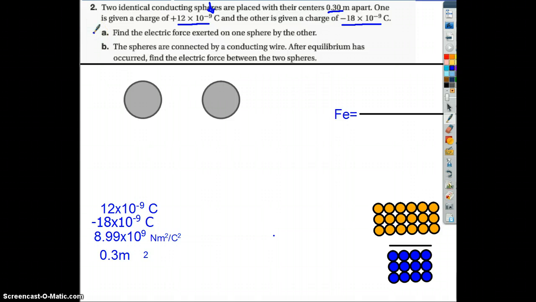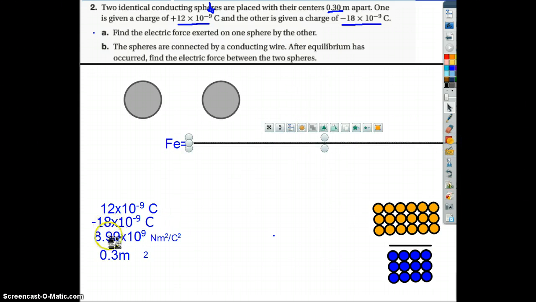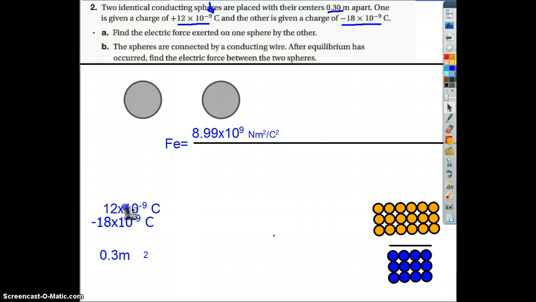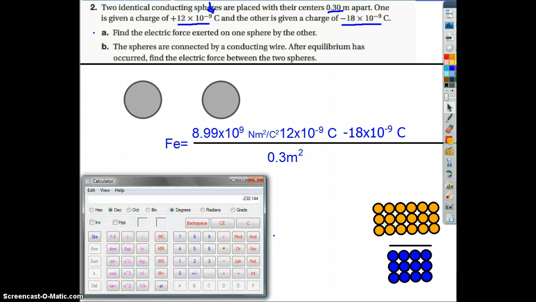Part A, find the electric force. Let's do that first. So if we grab our equation here, let's set this up again. Electric force is equal to Coulomb's constant times charge 1 times charge 2 divided by our distance squared. Let me get out my ultra cool calculator here. Try again.